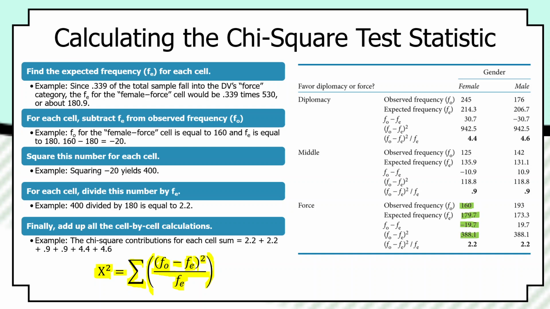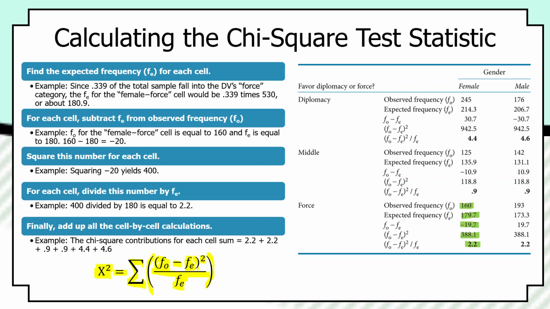And then if you divide the 388 by the expected frequency, which is 179.7, you get a value of 2.2. So for this cell, the null hypothesis was off by 2.2. That's the resolution for that cell. The null hypothesis said you should have gotten 0 here. You got 2.2, but you got 2.2 because your departures from expectations occurred by chance.